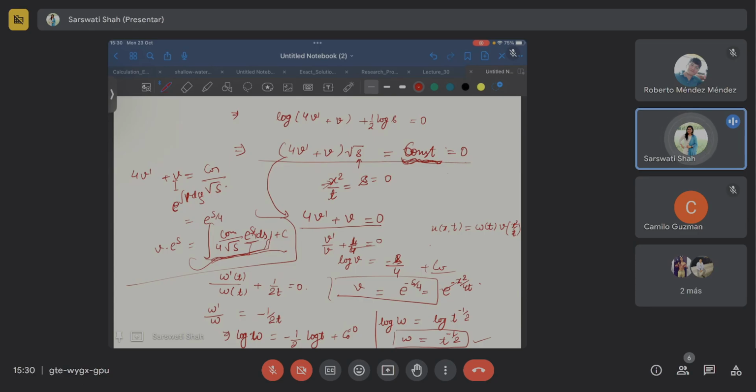The complete solution will be u of x comma t. W is t to the power minus 1 over 2, so we can write 1 over square root t, and this is exponential of minus x square over 4t. Do you guys agree with this solution?